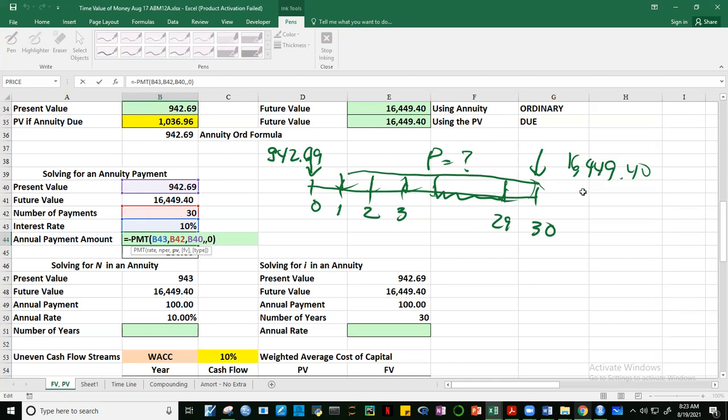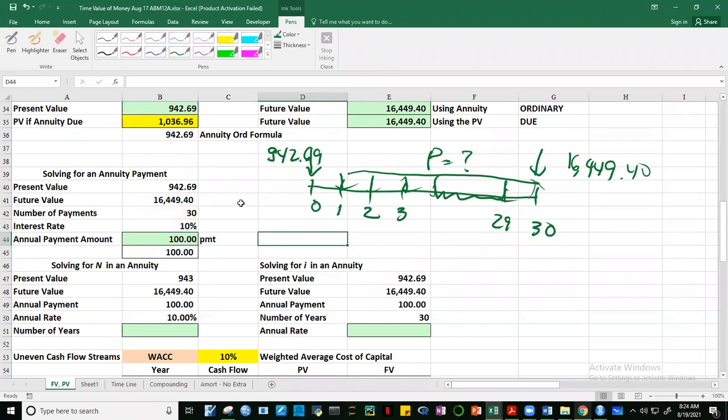We don't actually have two equivalences here. Tapos dito naman I use the future value, 16,449. Mababago yung problem guys. What if talagang separate na cash flow yung 942 at saka 16,449? Then mababago yung answer. At a rate of 10%, NPER at 30, PV at 942, FV at 16,449.